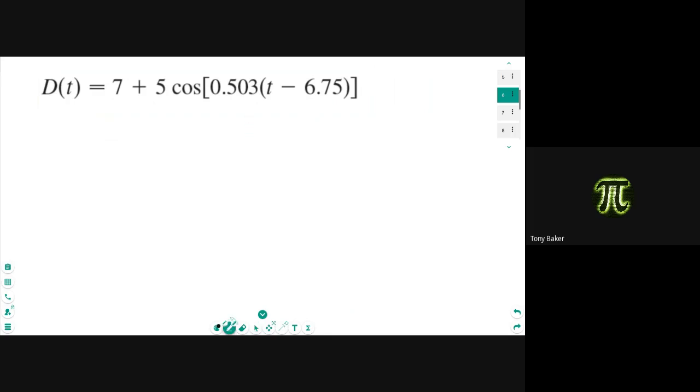So I would distribute this so I don't have to deal with multiplication or anything else like that. Times 6.3, 39.525.